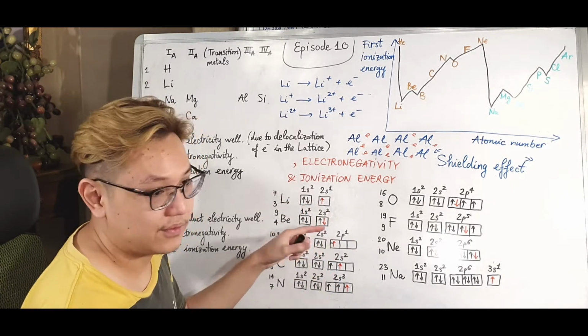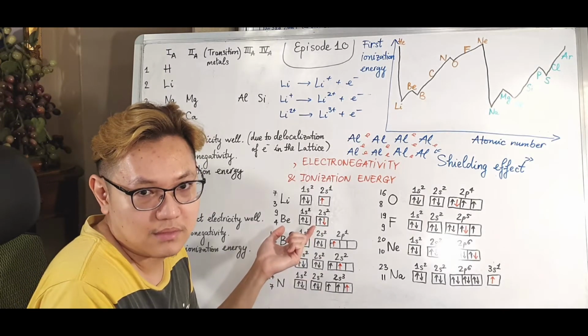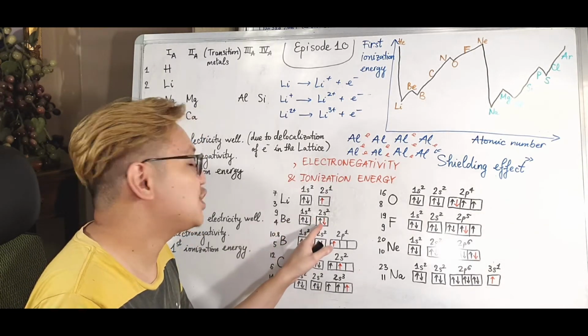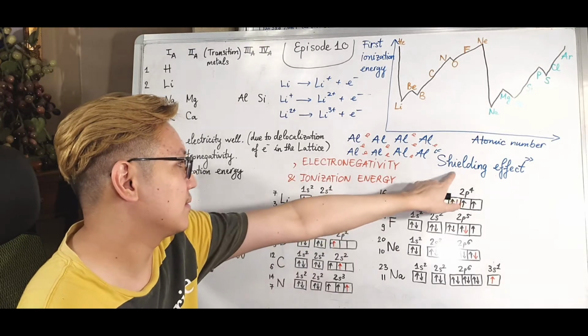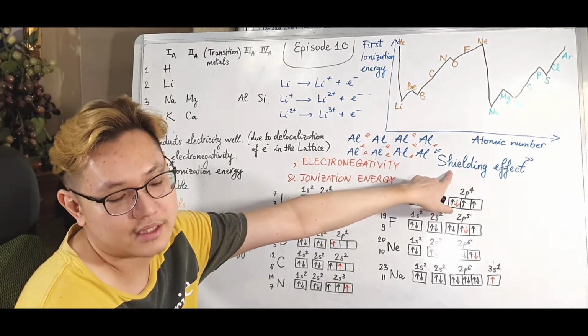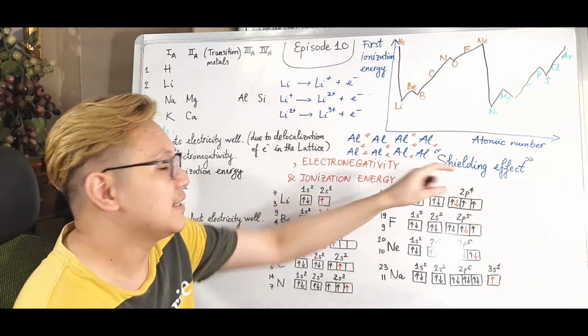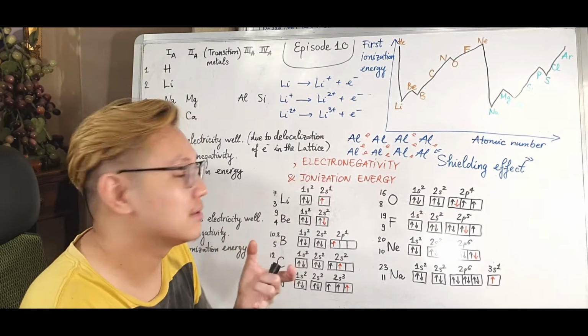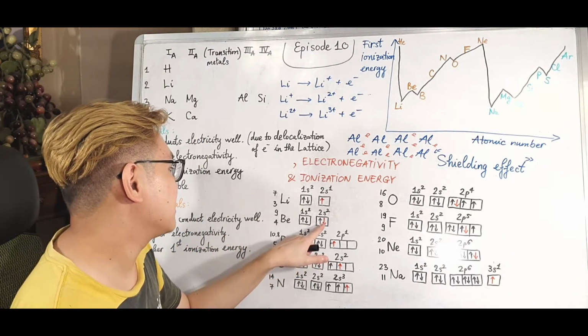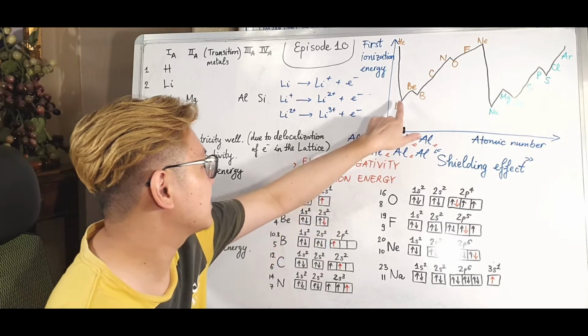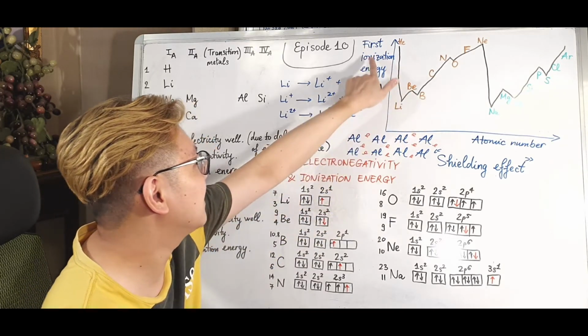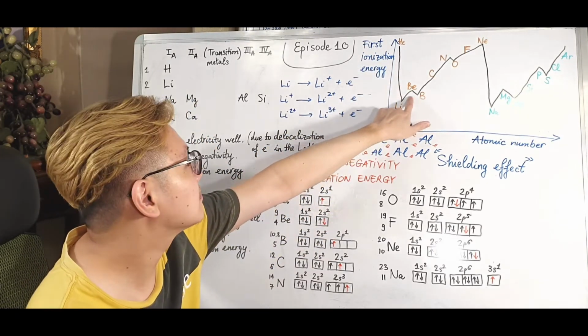It doesn't want to give up that much. So that's why shielding effect is something we see in the textbook. They shield each other, protect each other. So that's why this electron is more difficult to remove. So that's why there's an increase in first ionization energy.